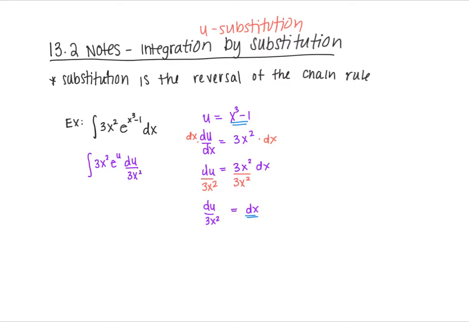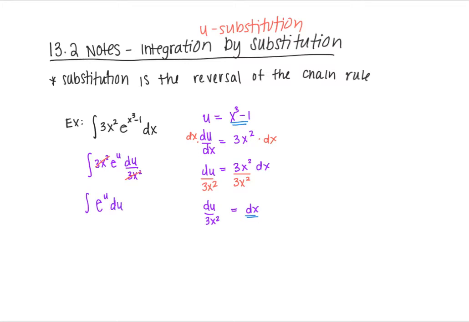Remember, the dx and the du are there to let you know which variable you're actually taking the integral of. So even though I've got x's and u's in my integral now, because of the du, I'm taking the integral of the u's. You'll notice that these 3x squareds cancel, and I'm left with the integral of e to the u du.